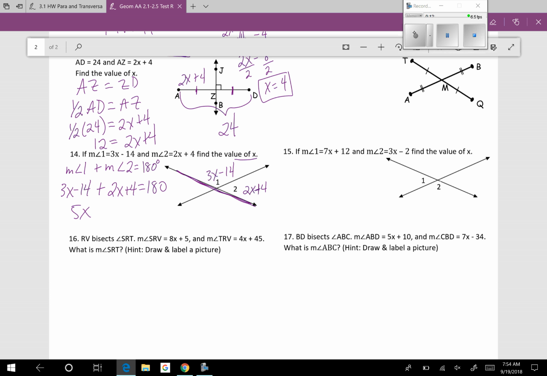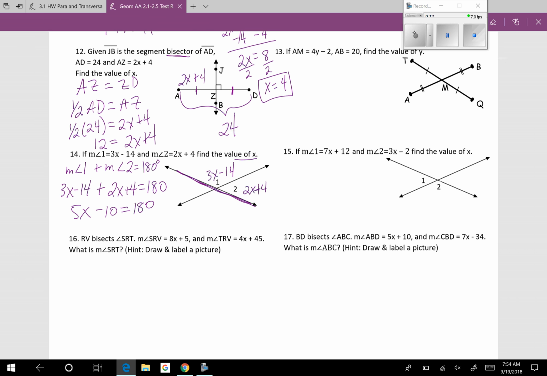They have different signs, so you subtract them. So 14 minus 4, which is 10. And then the negative one is bigger, so it's going to be negative 10. So 5x minus 10 equals 180. All right, and then now all we have to do is start to move our different parts around. So the first thing we're going to move is this minus 10, because you want to leave the x where it is. So plus 10 and plus 10. So we have 5x is equal to 190.